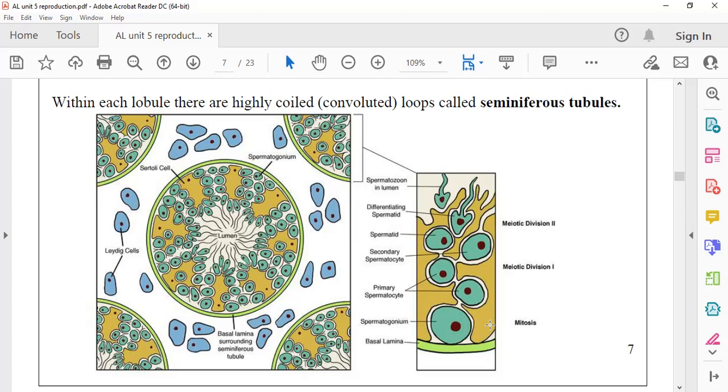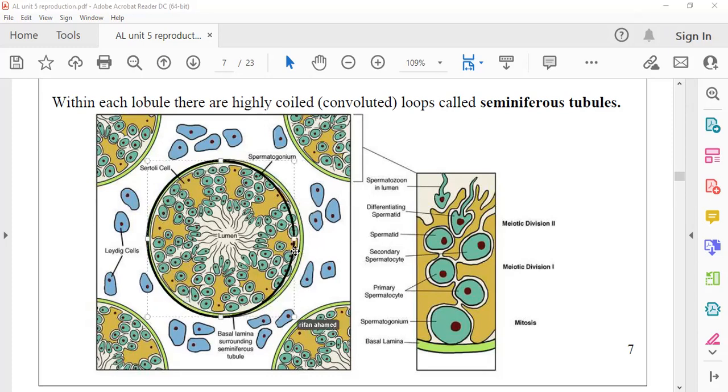Here in this picture you are shown how many seminiferous tubules. It is shown to you 5 seminiferous tubules.